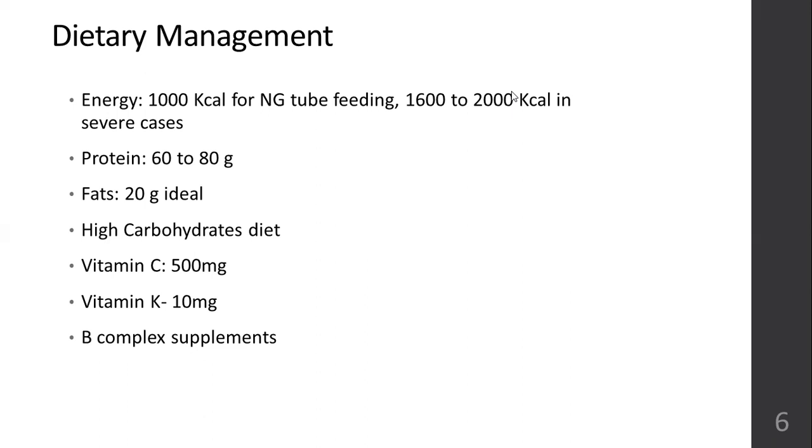Vitamin K is also supplemented along with vitamin B complex. 500 microgram of vitamin C should be given. When it comes to minerals, fruit juices, vegetable broth, meat soup, you can add salt into that.